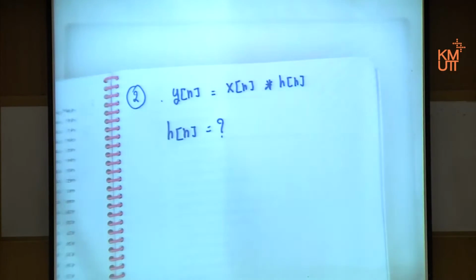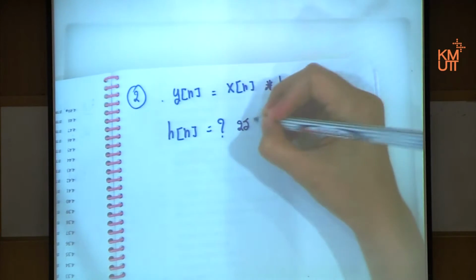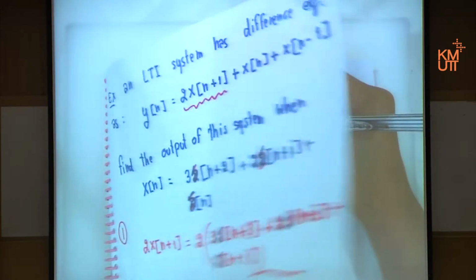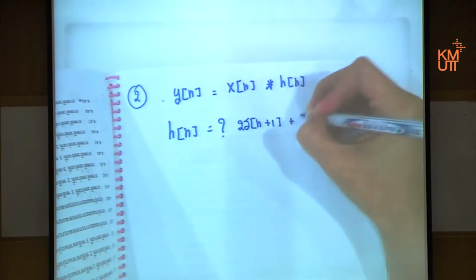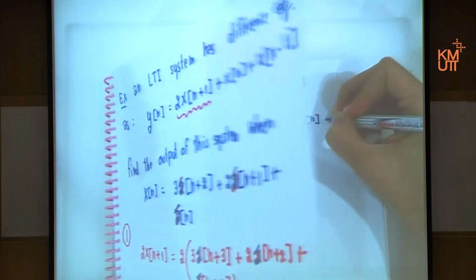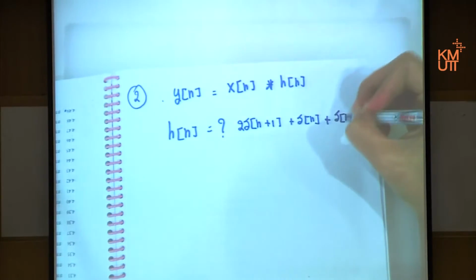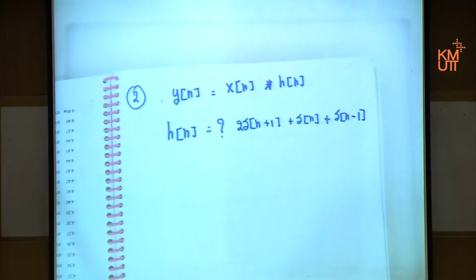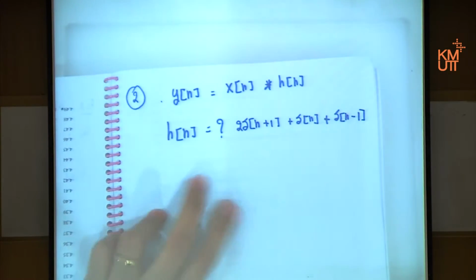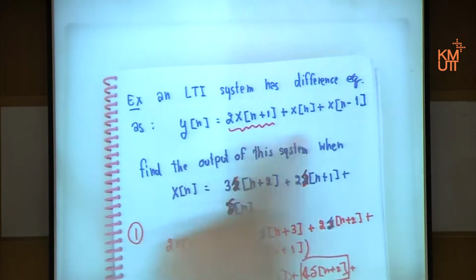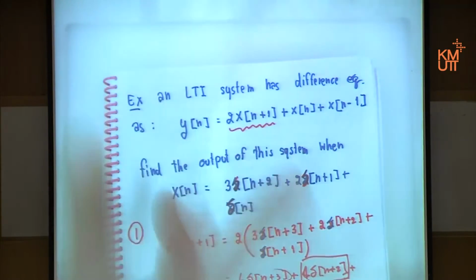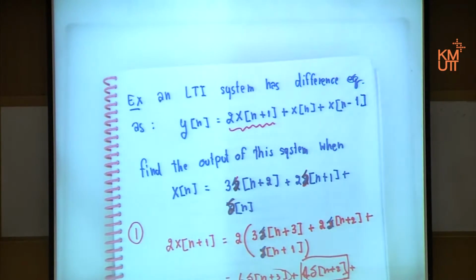h[n] equals 2 delta[n+1] plus delta[n] plus delta[n-1], right? From the difference equation here, if I apply delta[n] as the input, the output is the impulse response, or h[n], right?